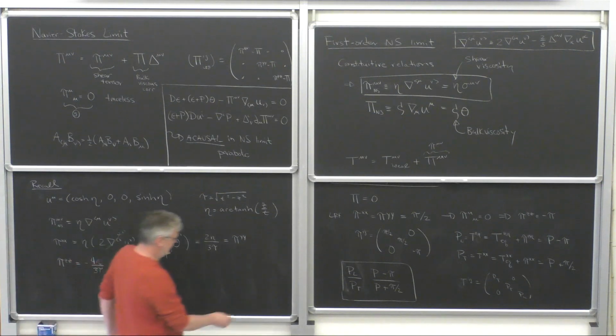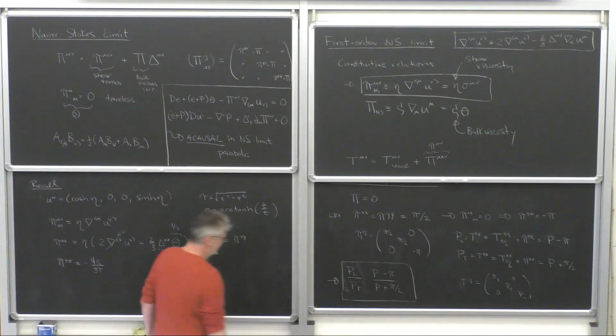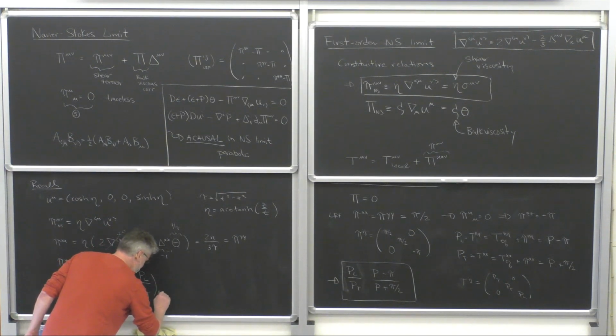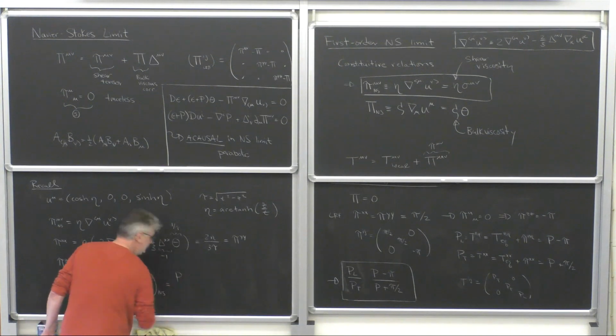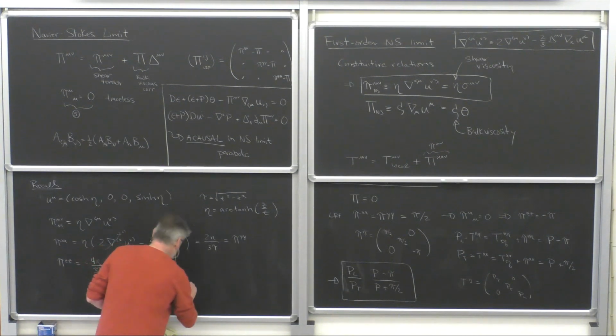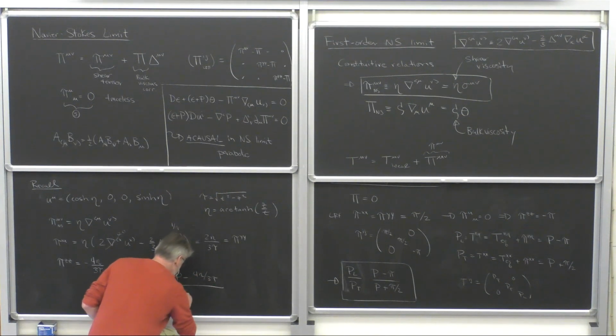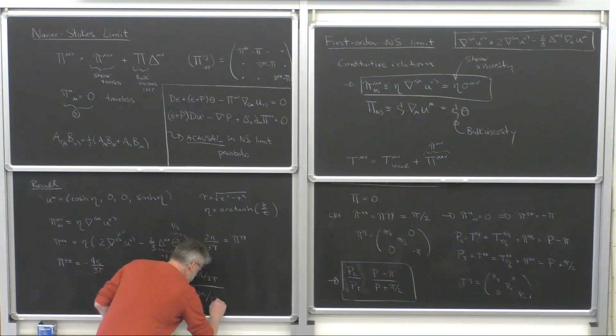And with that, we can now write the actual Navier-Stokes form of this relation. So PL over PT in the Navier-Stokes limit is P minus 4 eta over 3 tau, over P plus eta over 3 tau.